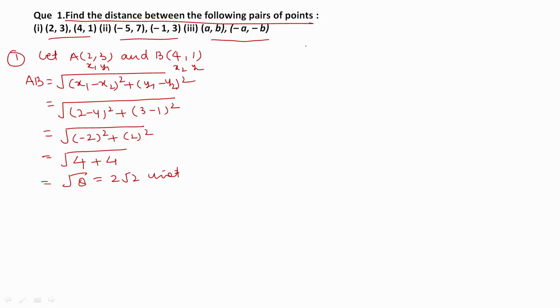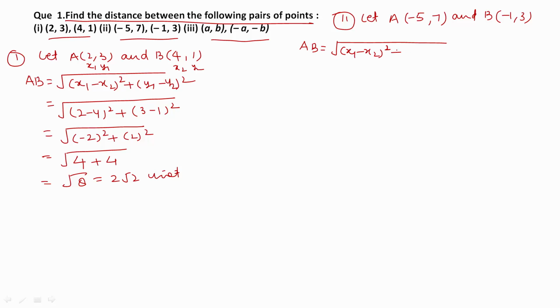Similarly, see the second one. The second one is let A minus 5 7 and B minus 1 3 be the given points, and we have to find the distance between A and B. So AB is equal to under root x1 minus x2 whole square plus y1 minus y2 whole square.